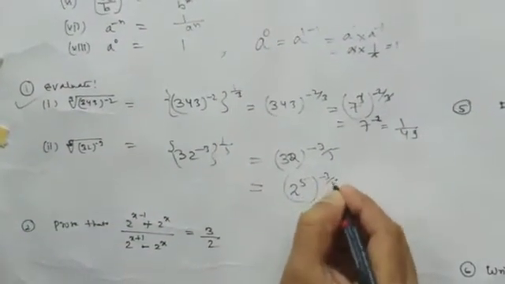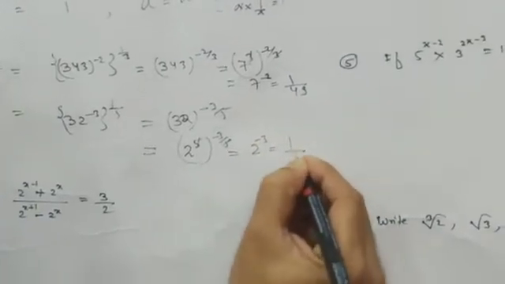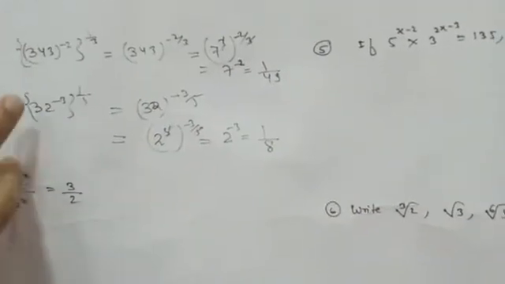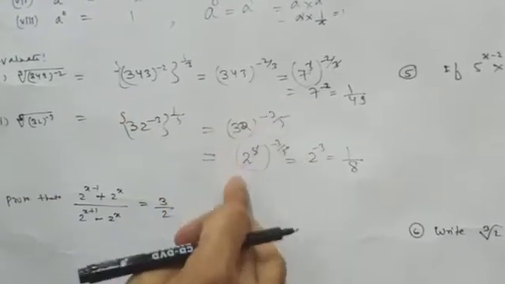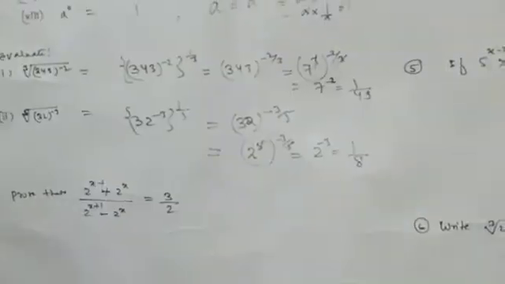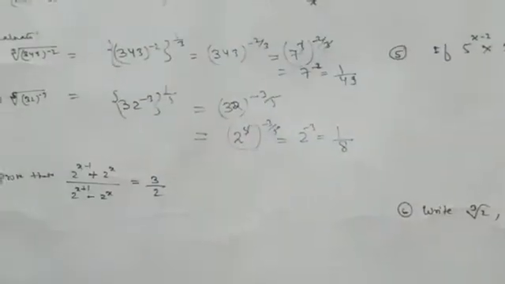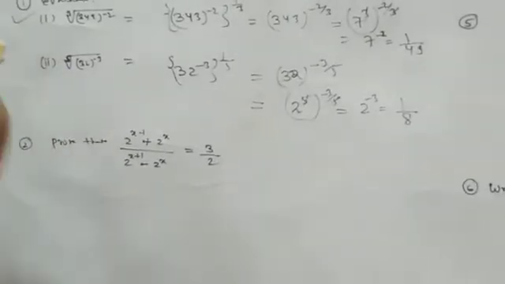Minus 3 by 5, this 5 cancels. 2 to power minus 3 is 1 by 8. Please have a look. Minus 3 by 5, 2 to power 5 cancels, 1 by 8. Over here also we have done like this, 49. Now come back to the second question here.